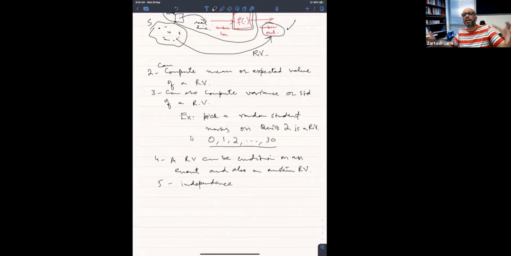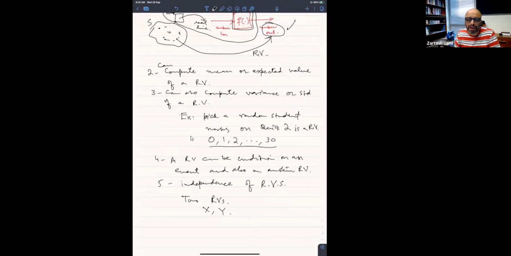Two events are independent when the occurrence of one event does not impact the probability of the other event. The same goes for random variables. You can also talk about the independence of random variables. If you have two random variables X and Y, whatever value X can take does not impact what value Y will take.